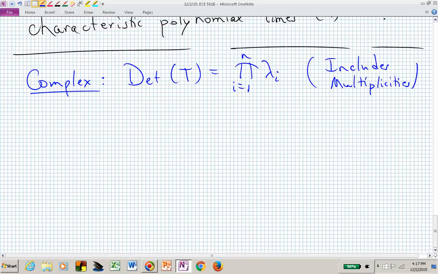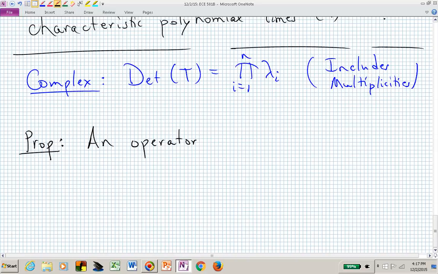Now we can talk about the next proposition, which will be, let's say, immediately clear.